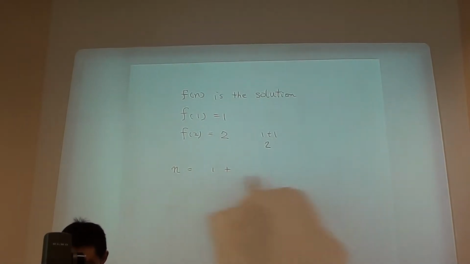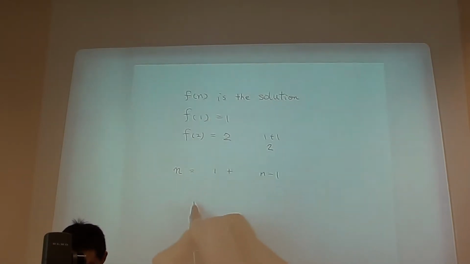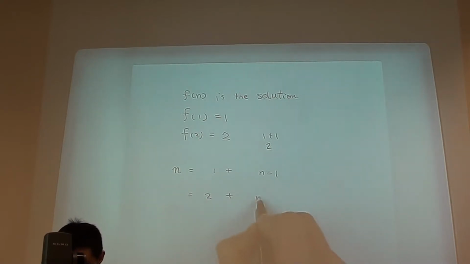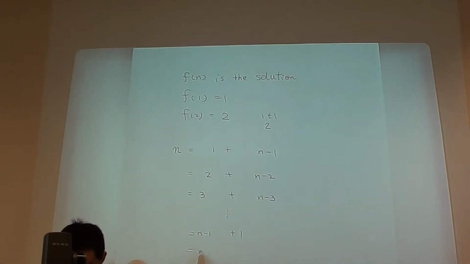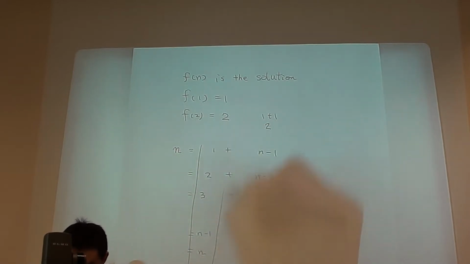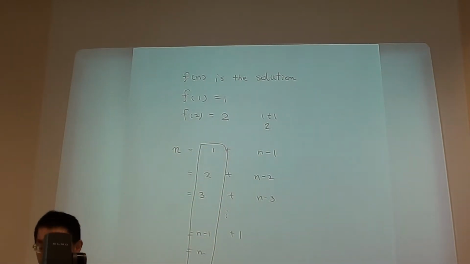Okay, 1 plus n minus 1. 2 plus n minus 2. 3 plus n minus 3. The first number can be 1, 2, 3, 4, 5, and so on to n.